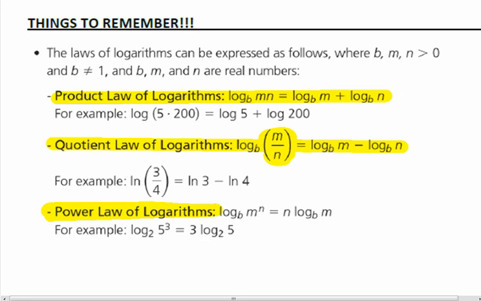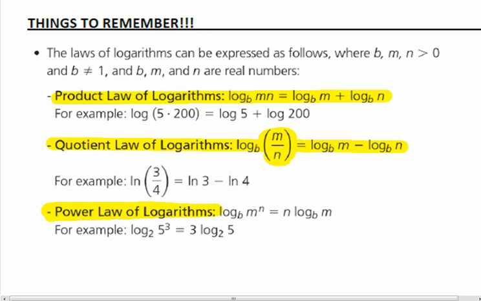So the product law is related in that, remember when we have the same base being multiplied, we add the powers. Well, the product law says if we have a product inside of a log, we can split it up into addition with the same base.